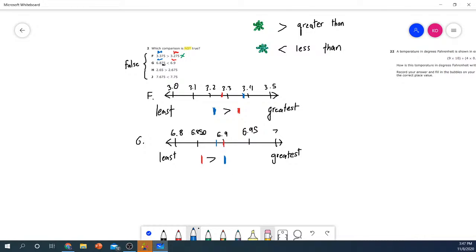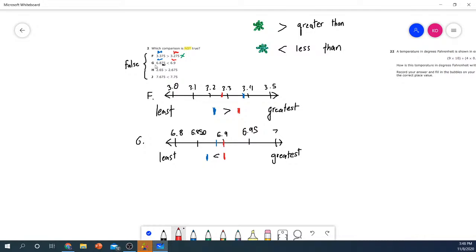Or another way to write it actually would be, if we want to use the less than symbol, we can say that blue is less than red. And we see that blue is certainly less than red.